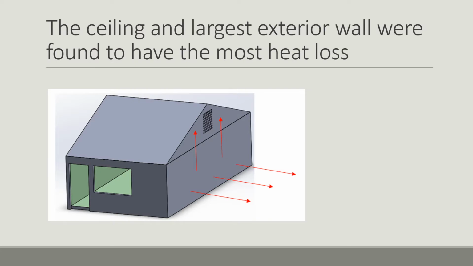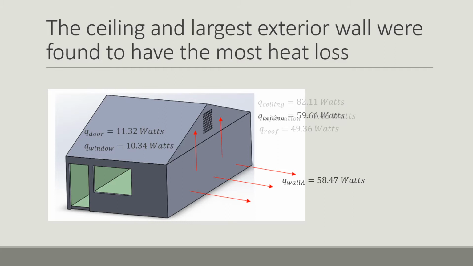After running our calculations, it was found that the ceiling and largest exterior wall had the greatest amounts of heat loss, with 59.66 and 58.47 watts respectively. It was also calculated that the door and windows only lost 11.32 and 10.34 watts respectively.